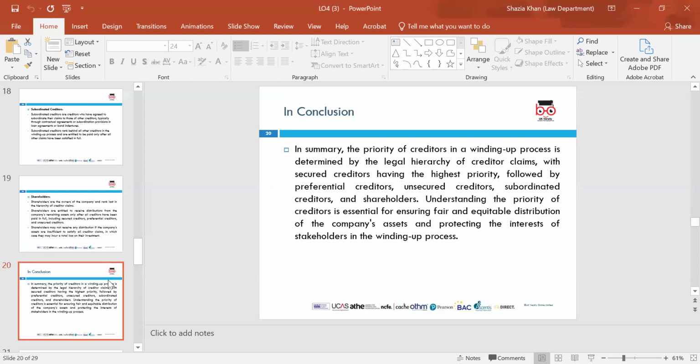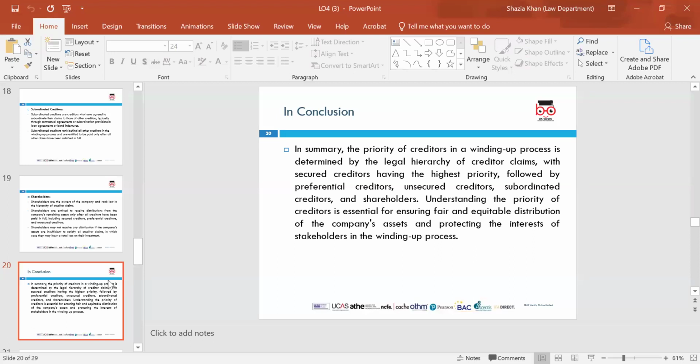In conclusion, the priority of creditors in a winding up process is determined by the legal hierarchy of creditor claims, with secured creditors having the highest priority, followed by preferential creditors, unsecured creditors, subordinated creditors, and shareholders.